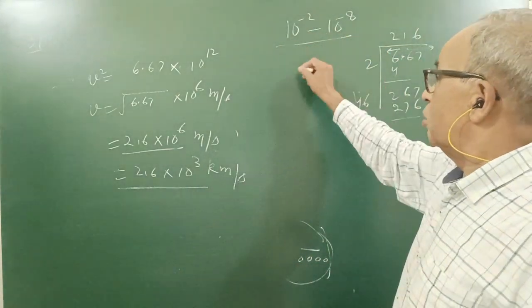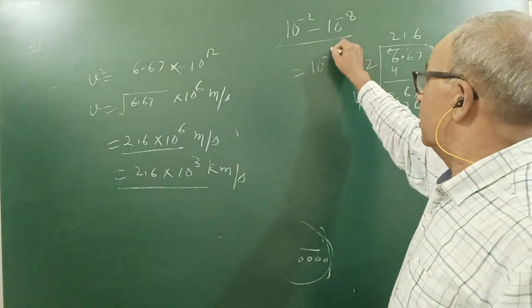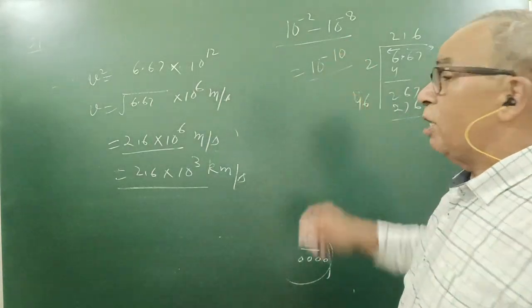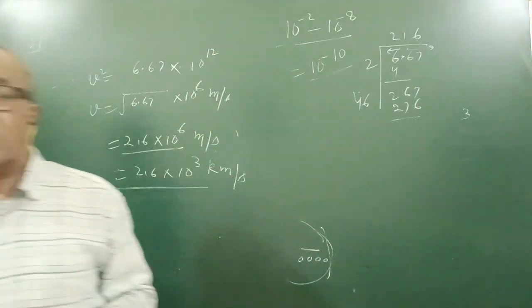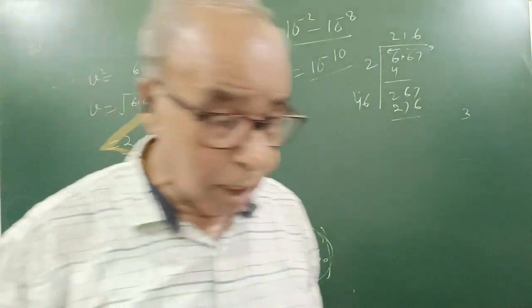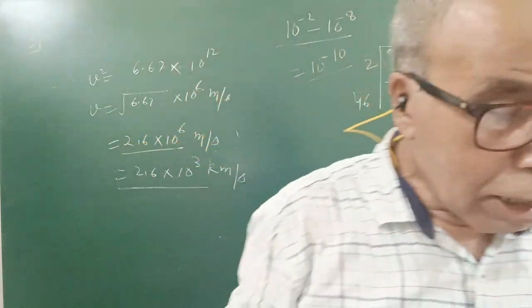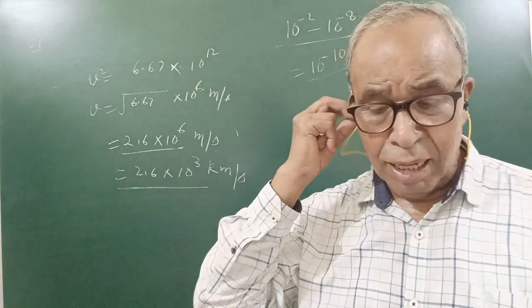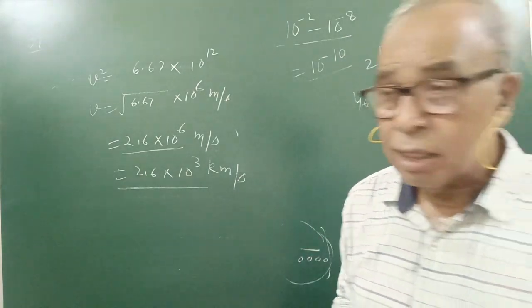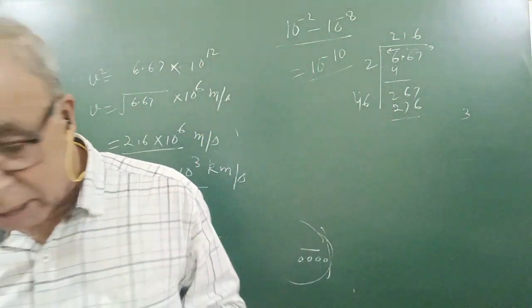They told me it is 10 to the power minus 8. And they know that when we multiply, only powers are added, when we divide, powers are subtracted, even though they don't think about what they have learnt; they just add.